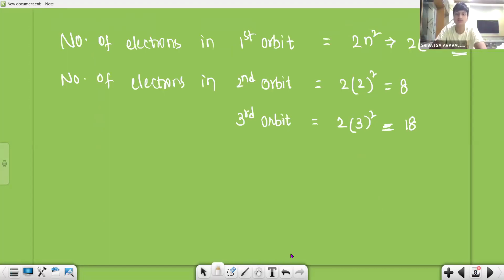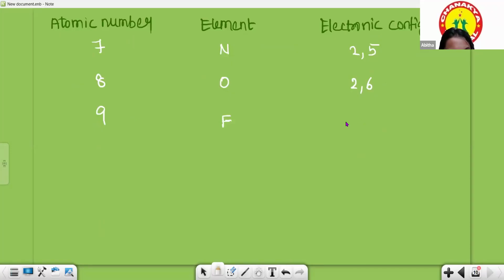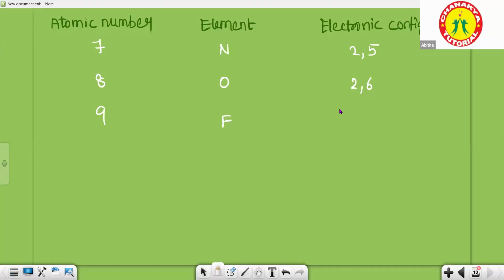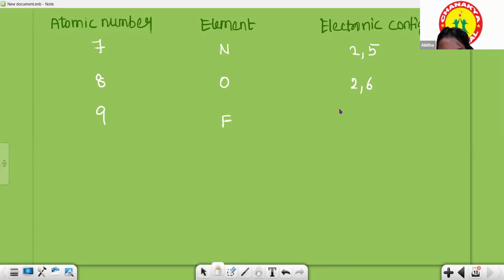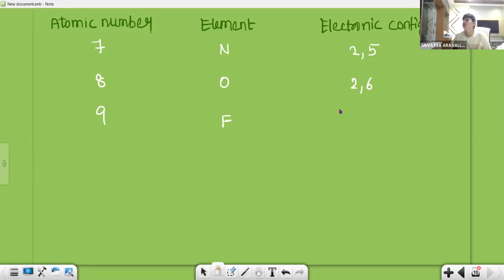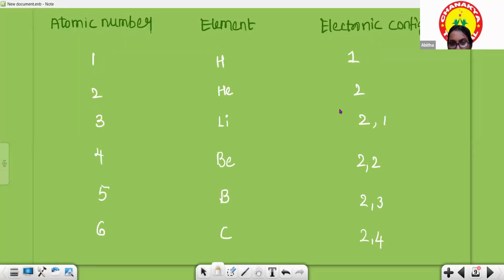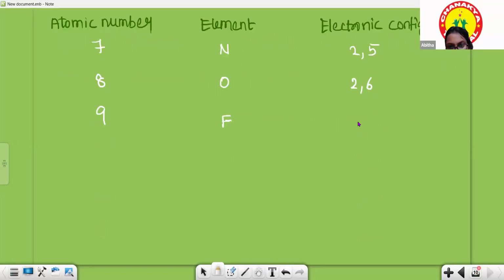Two. So if fluorine has 9 electrons, you can fill only 2 in the first orbit.